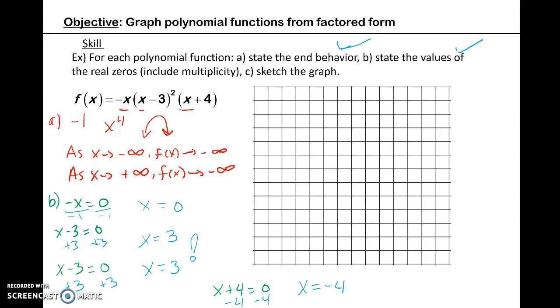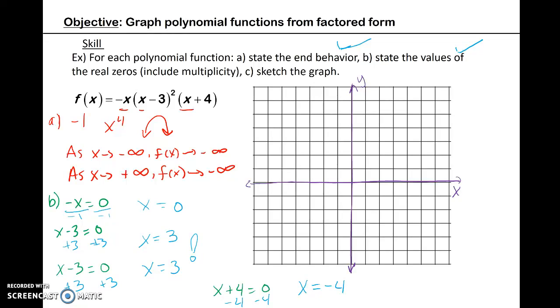So I'm going to draw my y-axis and my x-axis. And I'm going to go ahead and plot my zeros and my end behavior.